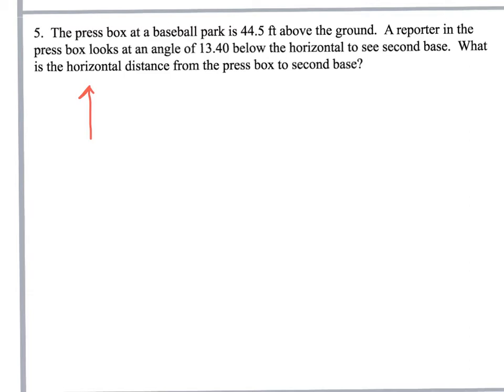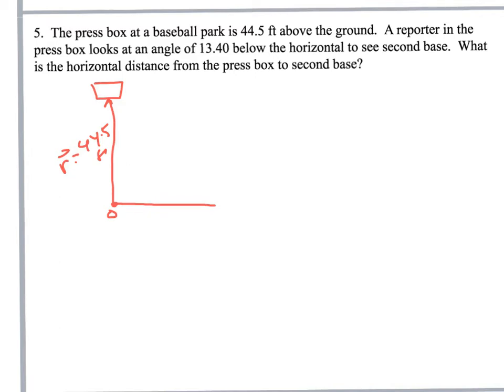Or actually, let me make room for a press box. So here's our press box, and it's 44 feet above ground. So ground is our origin. So that's our origin. And here's our 44.5 feet above ground. So that we'll call that our R vector, our distance vector.